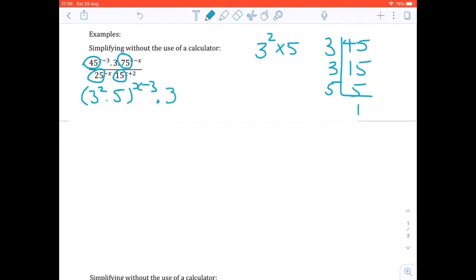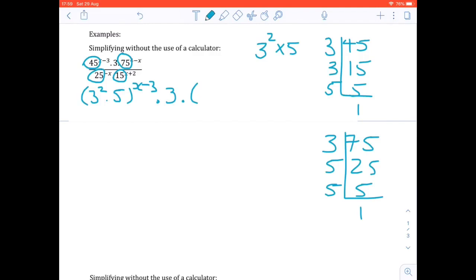Then we keep that times 3, and then we have to replace that 75 in much the same way, using the prime factors. You end up getting 3 times 25, 5 goes into 25 5 times, 5 goes into itself once. If you have a Casio calculator, you might have a button that says FACT.